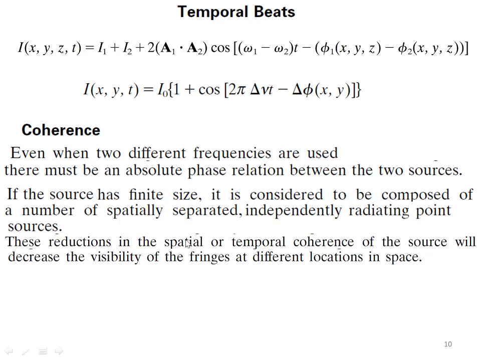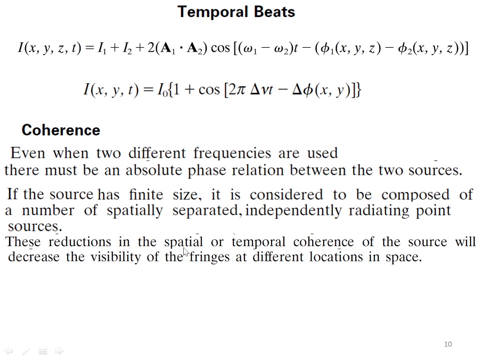So basically, to obtain a stable interference pattern on a screen, the two sources of light must be spatially coherent, means they should be very small in size. Whatever the region from which the radiation is coming out, the source or the size of the source, from all points of that region the radiation coming out should have a fixed phase difference or fixed phase relation.